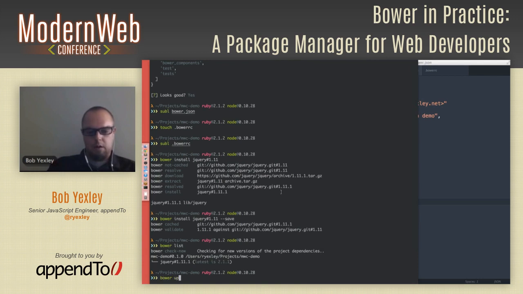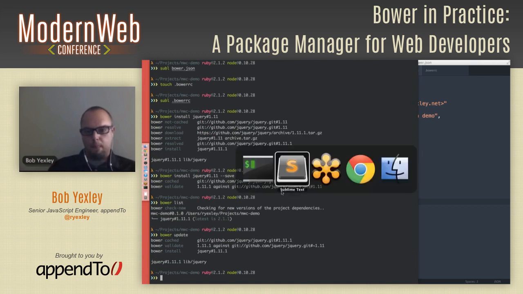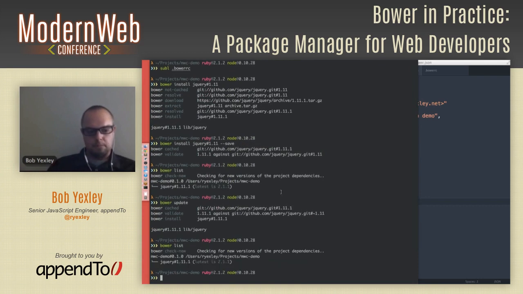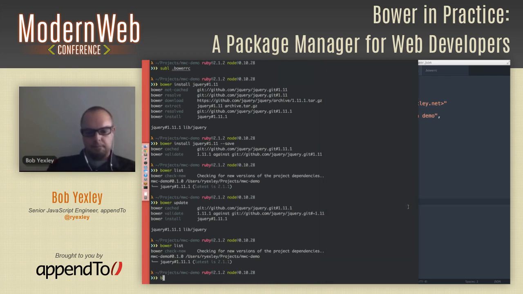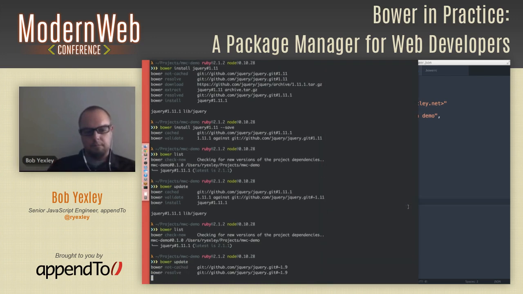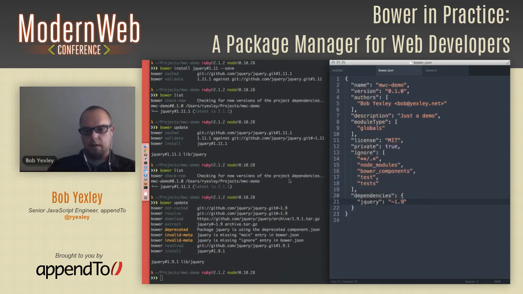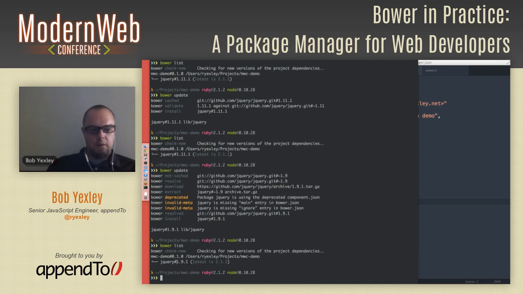So I updated this and put the tilde in there. What happens if we run Bower update? Nothing happened there. I still have the same version installed. What happens if we say version 1.9? Okay, so now we have version 1.9.1 installed.